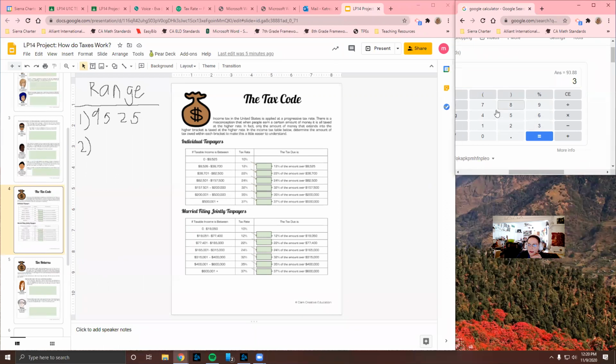So 38,700 minus 9,526. I just took the numbers out of there and subtracted them. That winds up being 29,174. So what you're doing is trying to figure out how much money is in that range. How big of a difference is there in your ranges? You're just going to go through each one of these and do that subtraction.